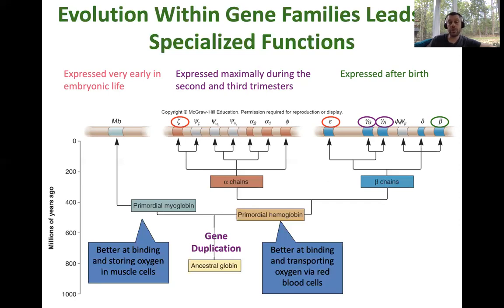So the globin gene family is huge. It's resulted from several gene duplication events, and throughout evolution, they've all been tinkered with. They've all evolved slightly different functions, and they're expressed when they're required during your life at the appropriate time.